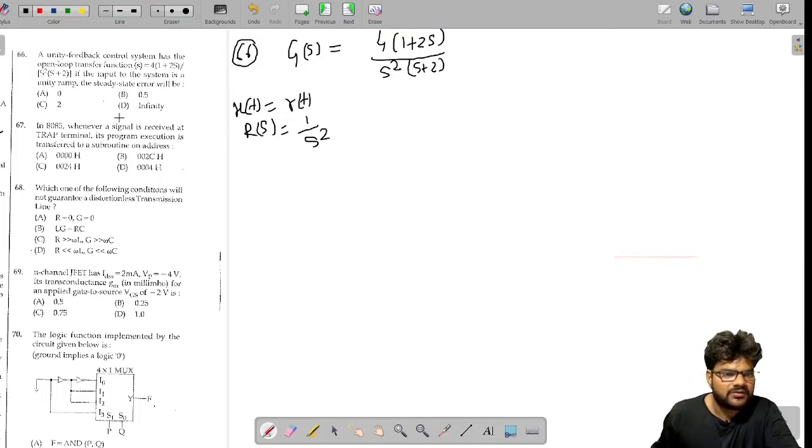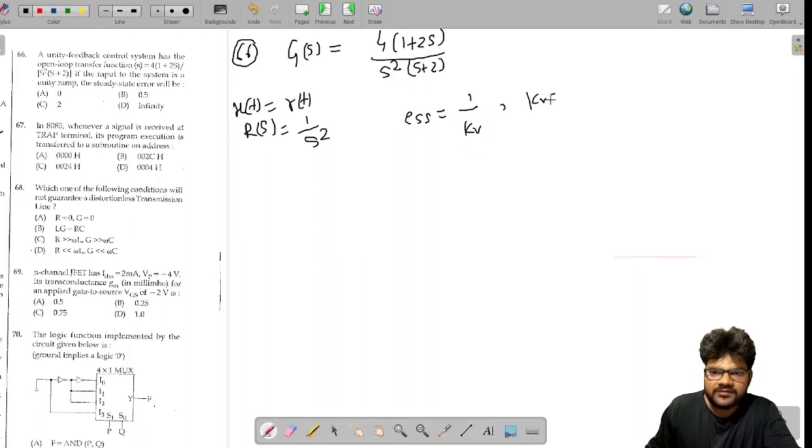Now the steady state error for ramp input we can write as 1 by Kv, where Kv is the velocity error coefficient.